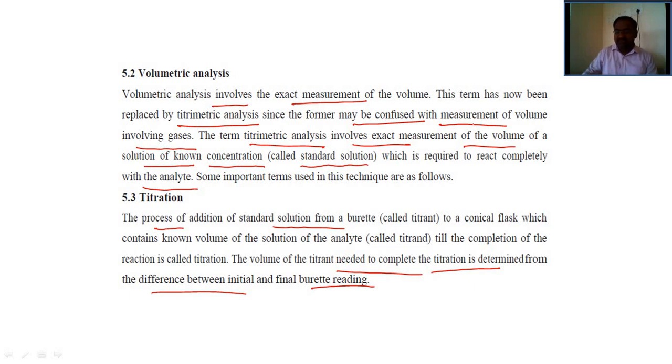Once again, just imagine, it is a burette. The solution taken into the burette is called the titrant. This is a conical flask.